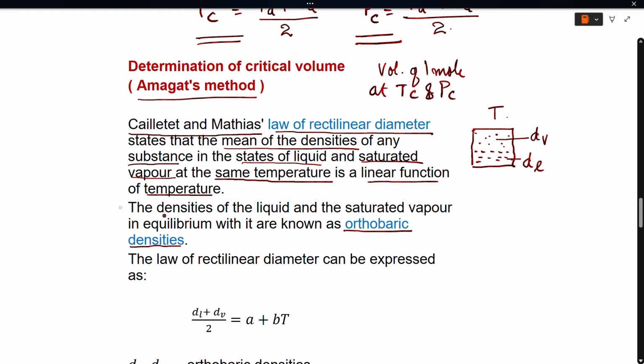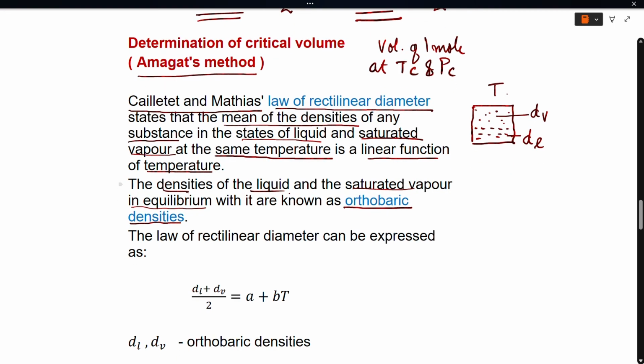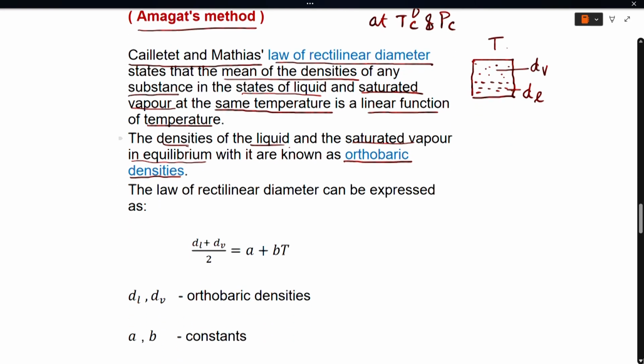Here it is again mentioned: the densities of the liquid and saturated vapor at equilibrium with it are known as orthobaric densities.